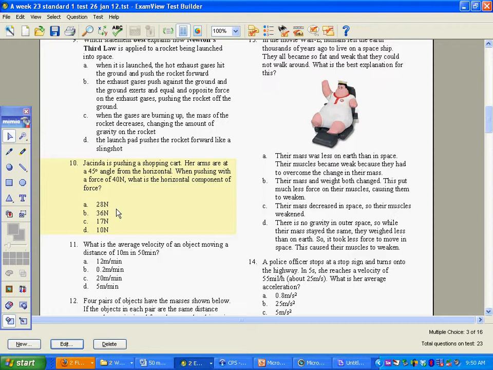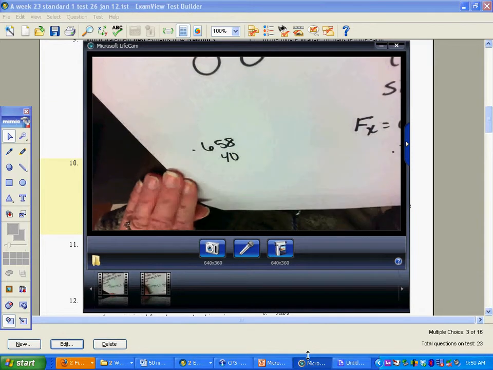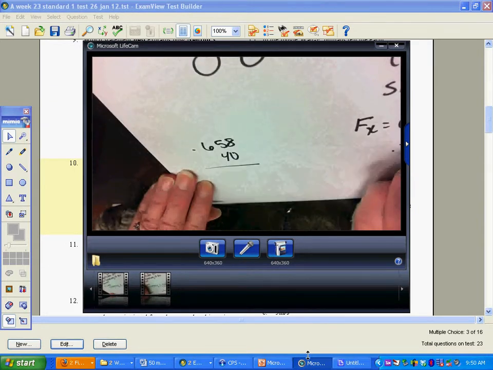Okay, if you had, for example, 40 newtons times 0.658, is that what you're asking? Like that? Okay, well, you would just multiply the whole thing.